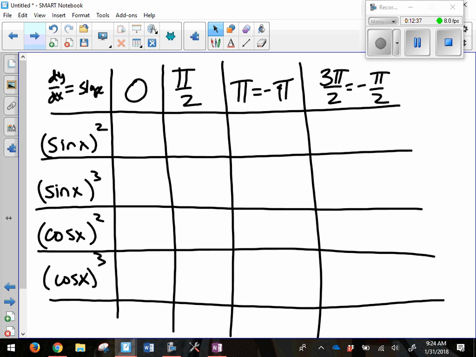Everybody's got to do at least one, and half of you will have to do a second one. No, calculators are not allowed. Sarah, put your calculator away. For crying out loud, it's the sine and cosine of multiples of 90. You should be able to do it in your head.